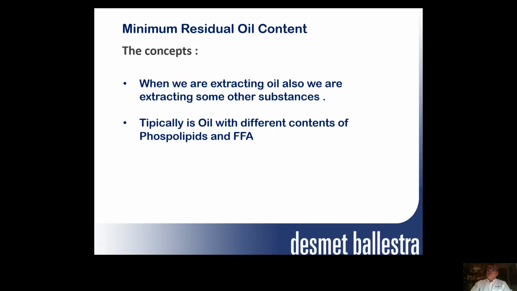Here are the concepts we have to know involved in this question. When we are extracting oil, we are also extracting some other substances. Basically, it is oil with different content of phospholipids and free fatty acid.